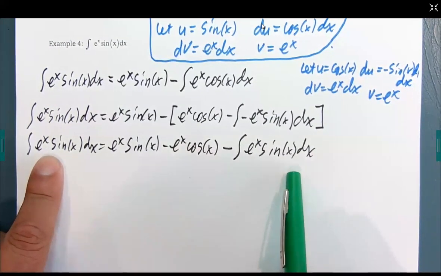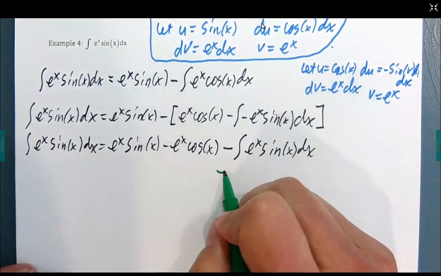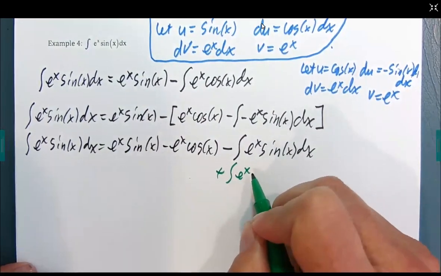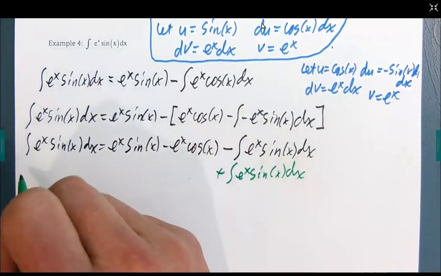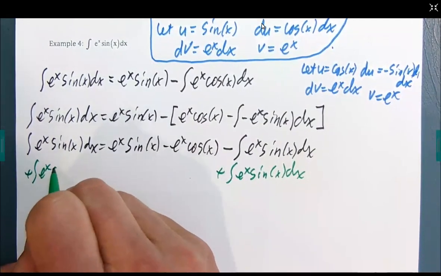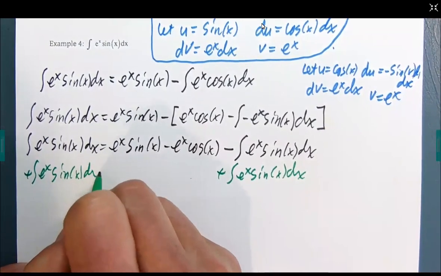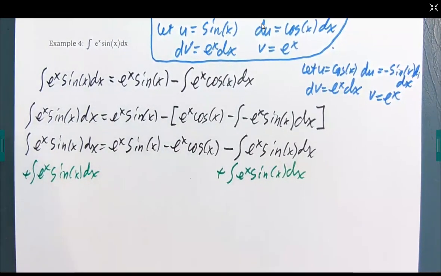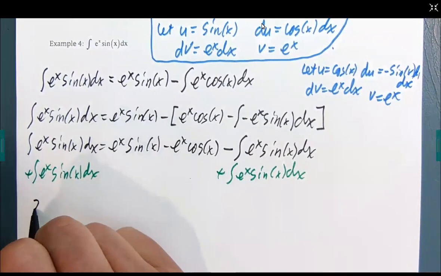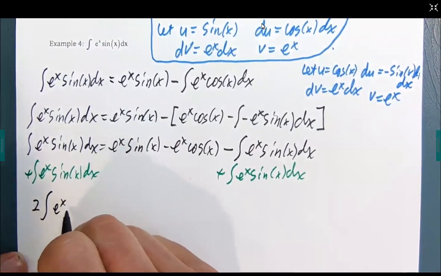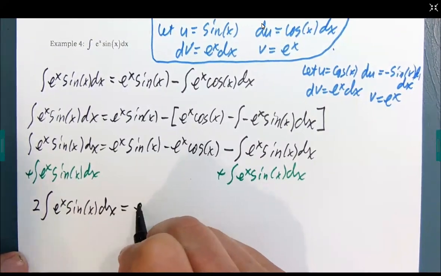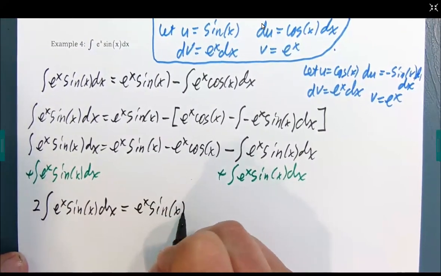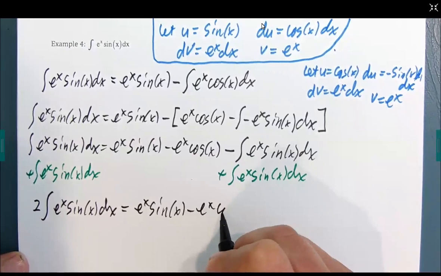So now we're going to put algebra on overdrive, and I'm going to actually add this integral to both sides of the equation. We're considering them like terms, as it were. So we now have 2 times the integral of e to the x sine x dx equals e to the x sine x minus e to the x cosine x.